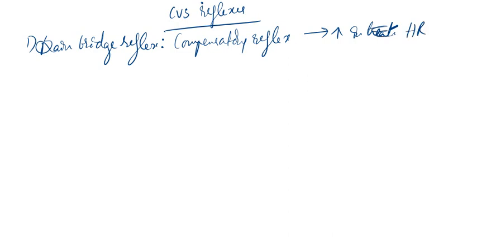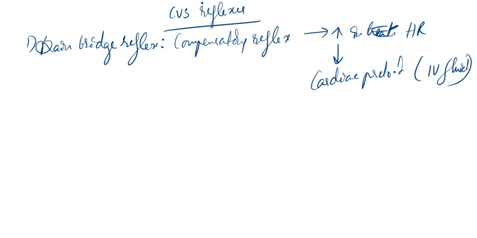What happens following a change in cardiac preload? Generally seen in IV fluid therapy. For example, if you give IV fluids to a patient, it causes a change in cardiac preload.